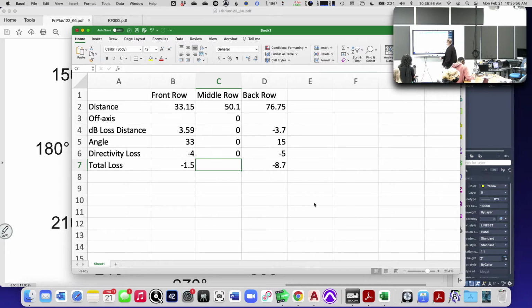Yet I labeled it loss, but it should be saying like decibel difference because of directivity, right? So that's just me typing the wrong word there. Okay. But we got louder because we got closer, right? So the sum of the fact we got louder because we got closer, but then we got quieter because we went off axis, the net result is a minus 1.5 as compared to the middle row.